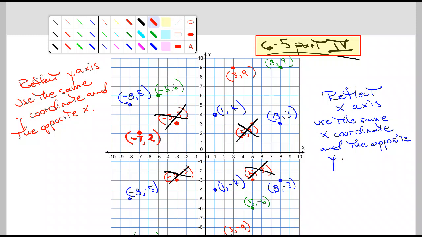Okay, so if I wanted to reflect that on the y-axis, use the same y coordinate, so it stays 2, and then it would be 7, comma 2.